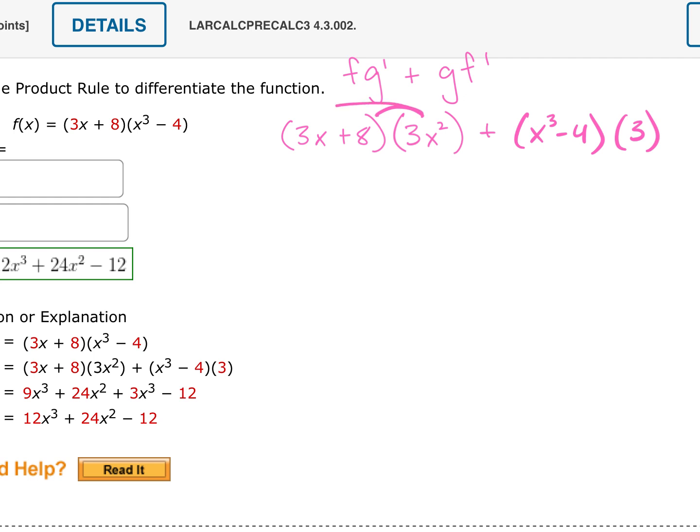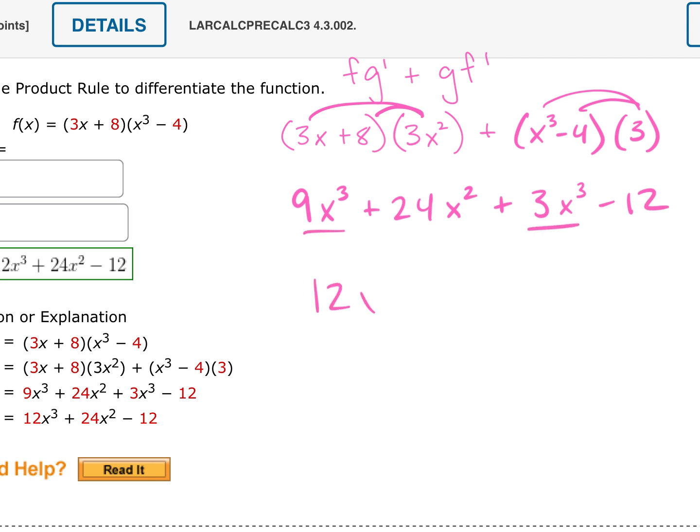So then let's simplify. I need to distribute here. So 9x cubed plus 24x squared plus, we're going to distribute here, so 3x cubed minus 12. Combine our like terms. So 12x cubed plus 24x squared minus 12. So this would be our derivative.